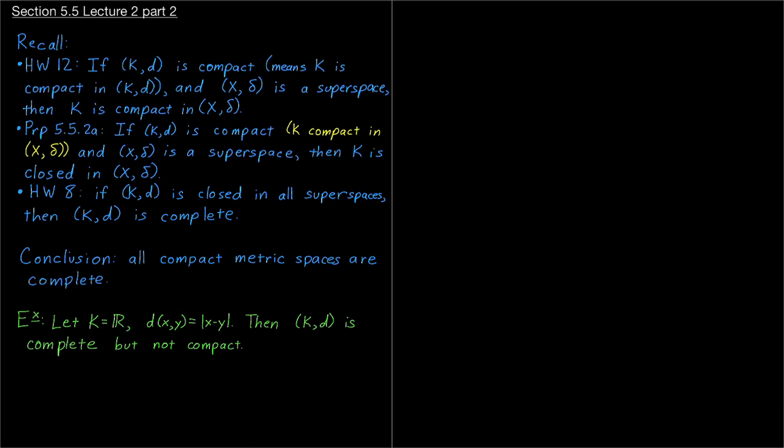So let's recall the next part of proposition 5.5.2a: if (K,d) is compact, then K is bounded.